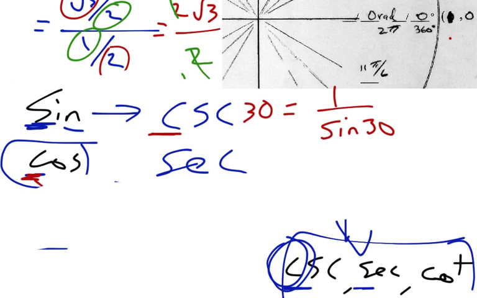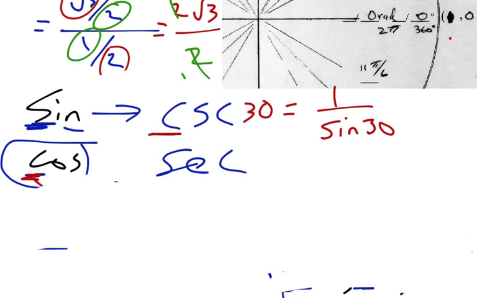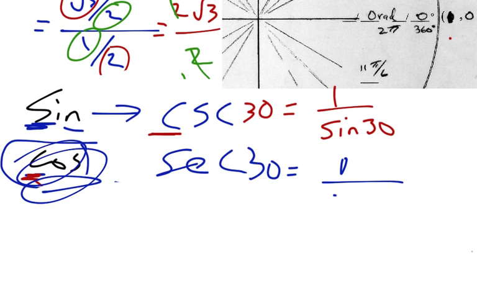If I'm looking for secant, then I'll do the reciprocal of the cosine. So secant of 30 is going to be 1 over cosine of 30. Okay, and make sure that you don't have a radical denominator. That's it, basically. So let's do one at a time.